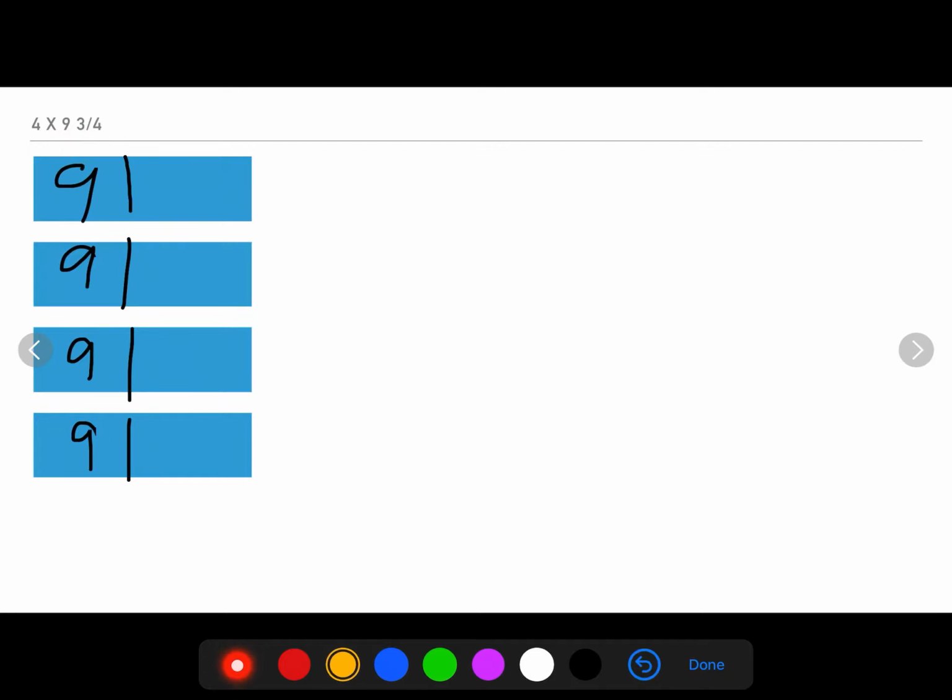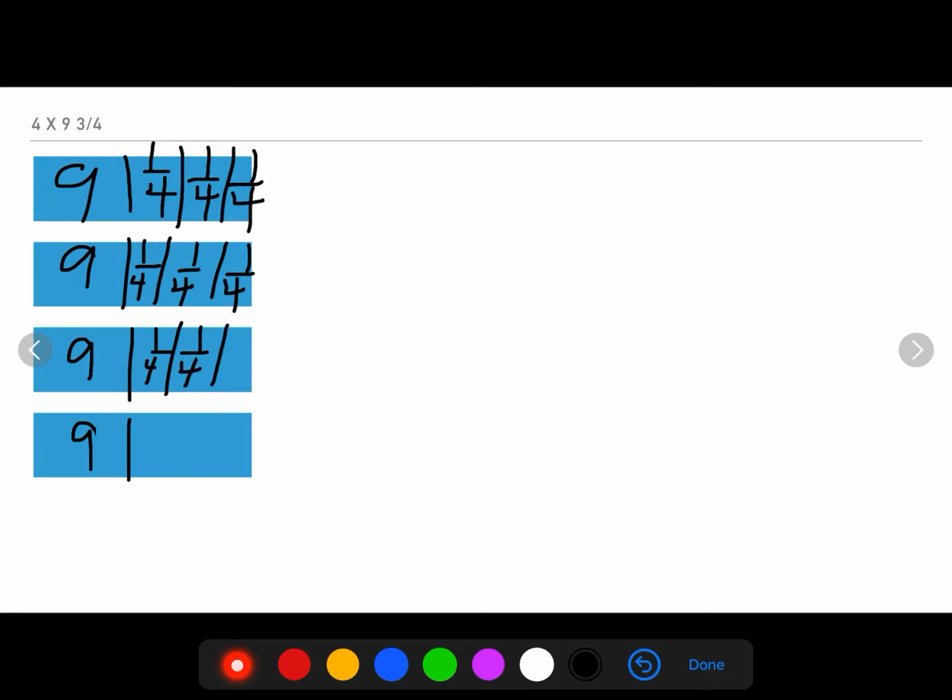That's right. 1/4 plus 1/4 plus 1/4. And if it helps, don't forget to go back in and make sure that your whole number is a different color. You guys, we already know what we're doing next.